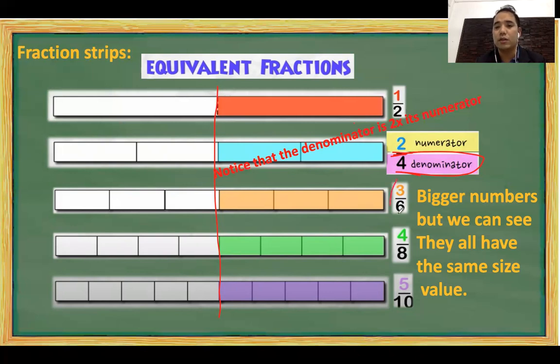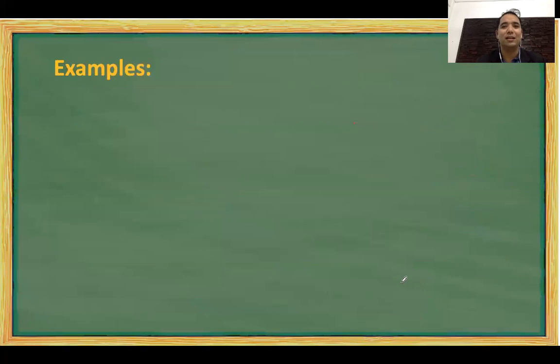Like this one, 3/6, 4/8, and 5/10. So the denominator is 2 times its numerator. So if you think about numbers where the denominator is twice the numerator, it is easy, right? Can you give an example? All right.